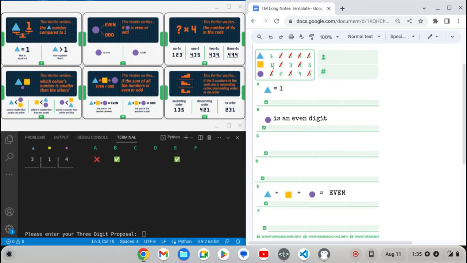There's no way square could be the smallest. And, well, at this point, I think it's safe to say that triangle has to be the smallest. Right? That's the only way that it could be.